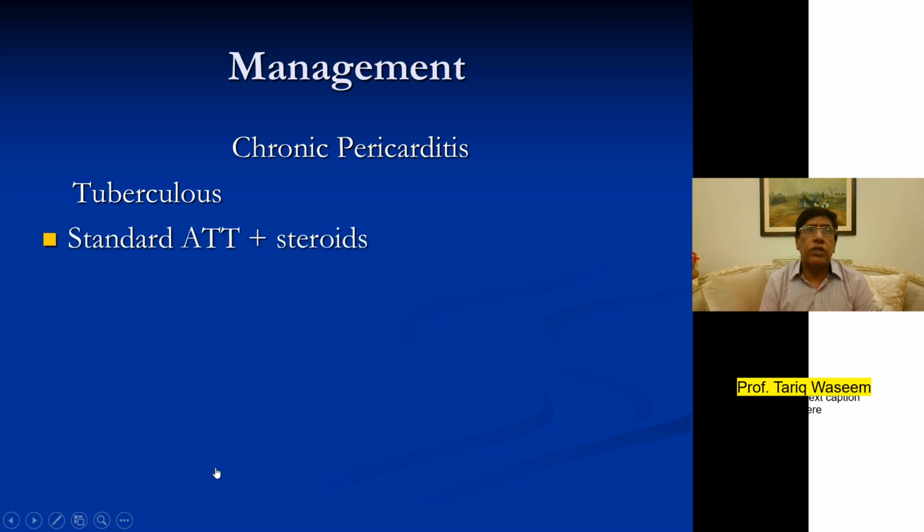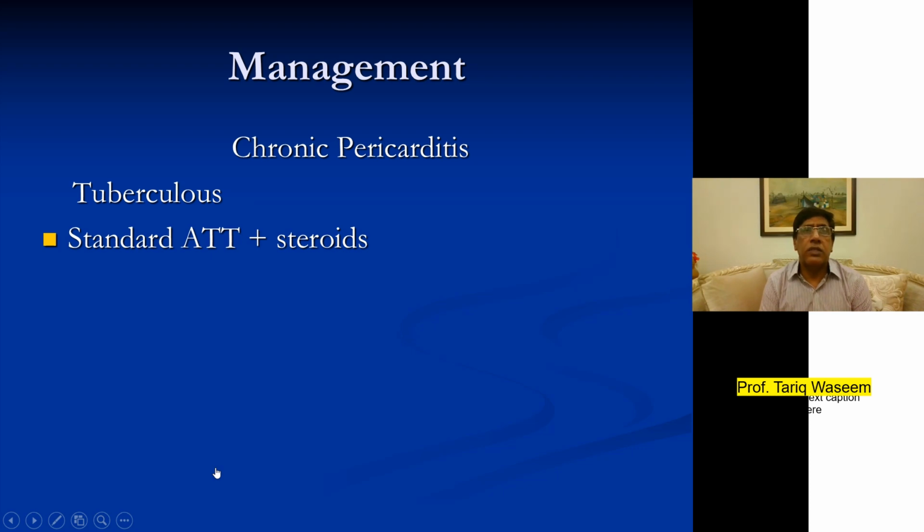So the diagnosis of a tuberculous pericarditis would require either aspiration of pericardial fluid if you can document, or going for a pericardial biopsy, which is usually a more invasive procedure and not very commonly done unless you are thinking of surgical options.